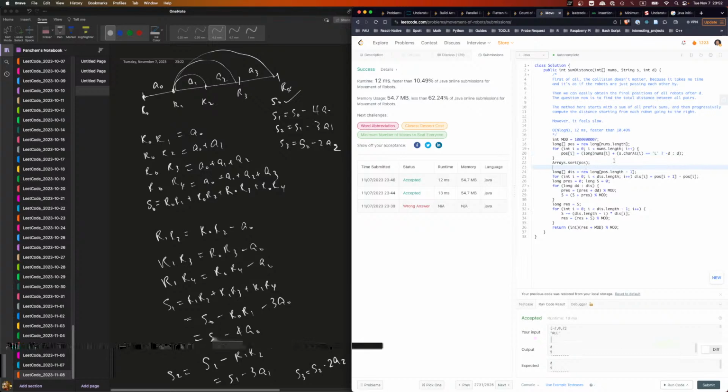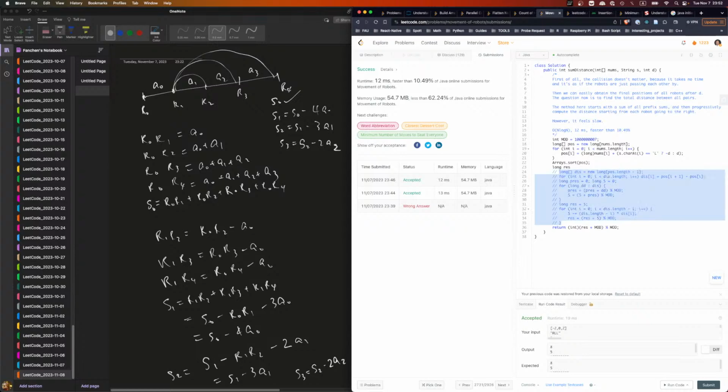So what we need is a long rest. Let me just comment out all this. Then we say for int i equal to 0, i smaller than... we have to hit every single one. Oh, we have position.